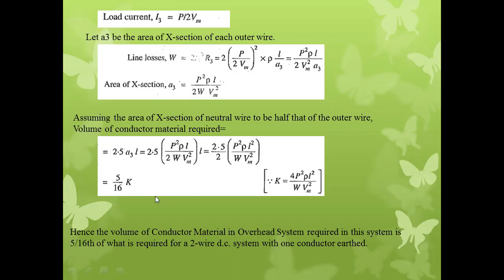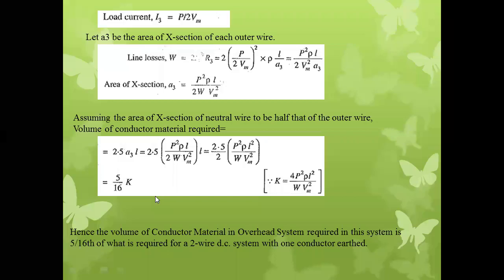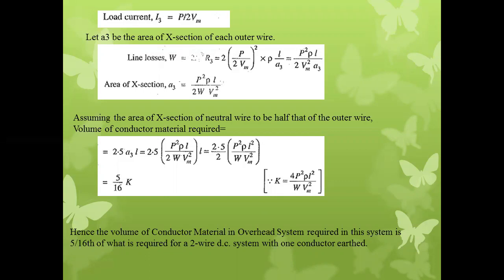See over here the comparison of the conducting material required in case of the two wire DC system with one conductor earthed and the three wire DC system.